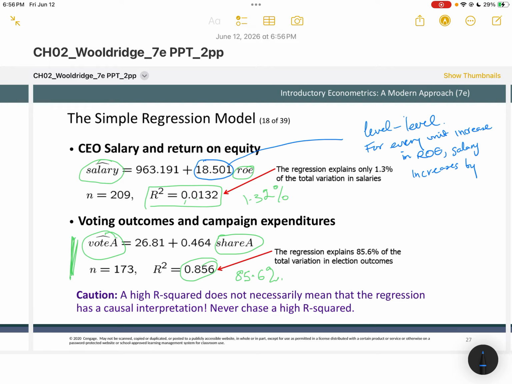Salary increases by 18,501 on average. That's a level interpretation. Okay, cool.